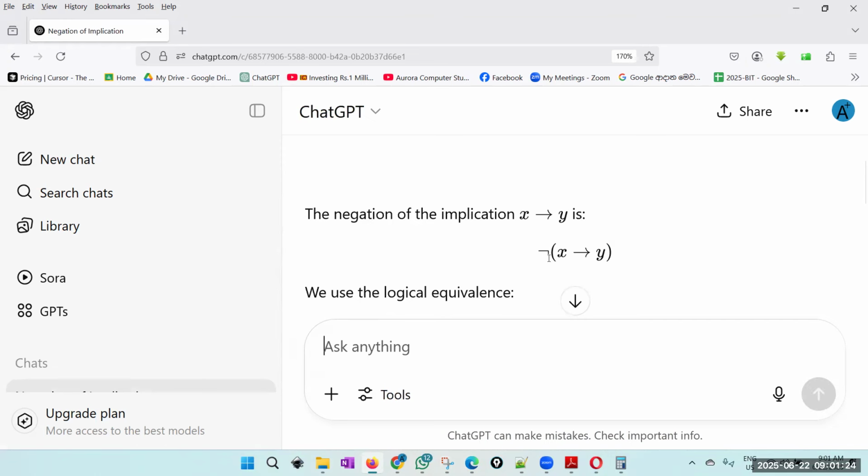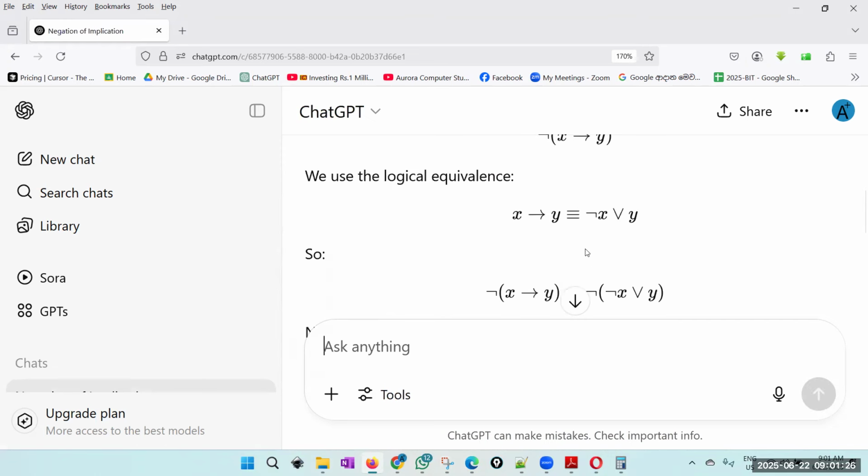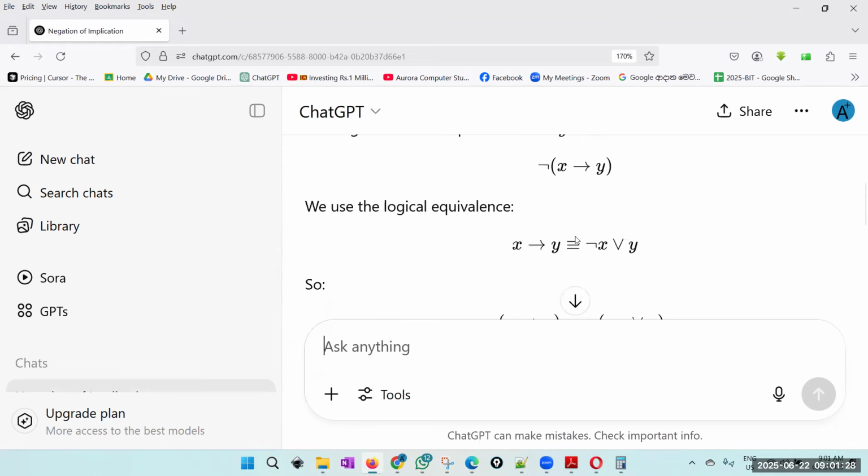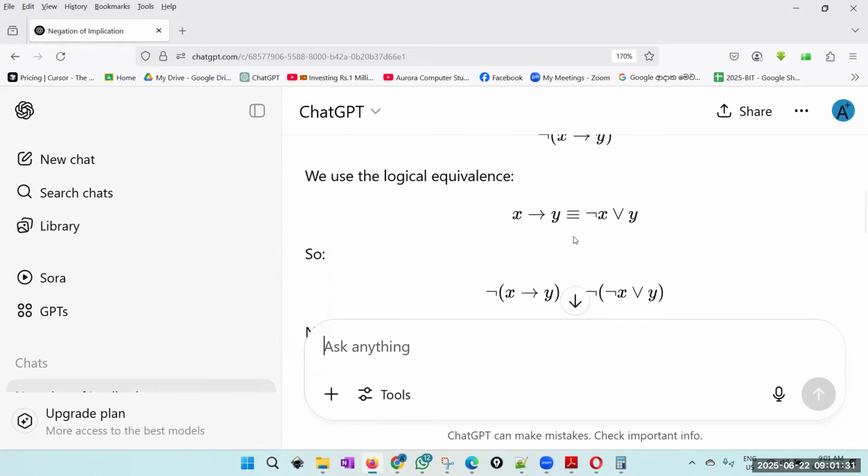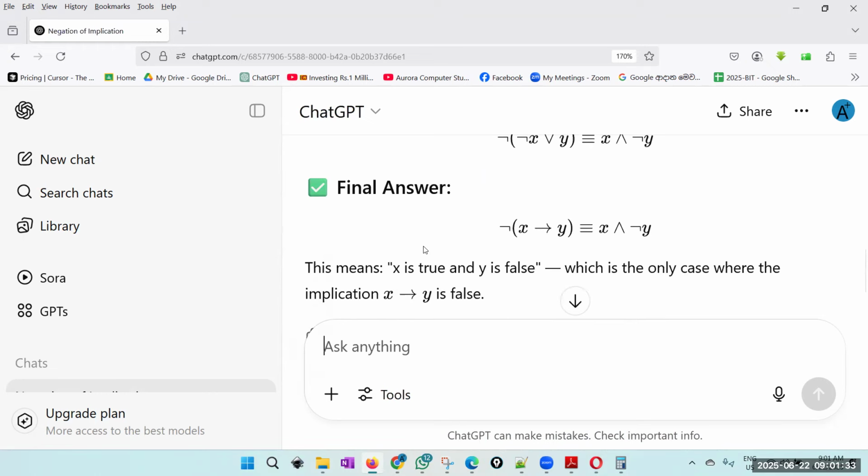You just negate like this. Not (X implies Y). Right. So now let's do it like that.